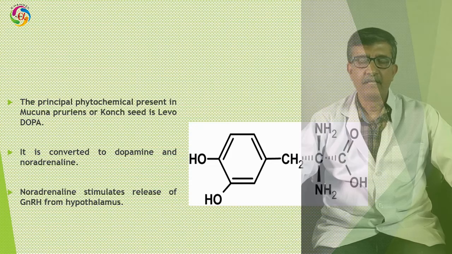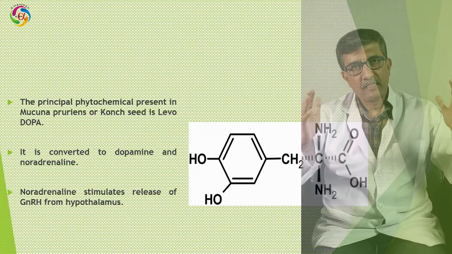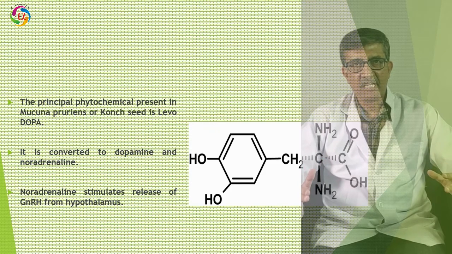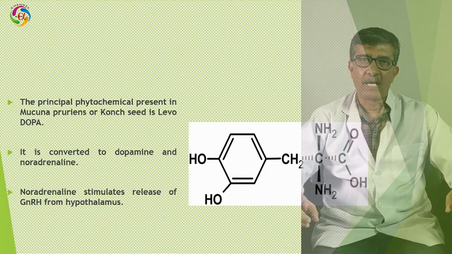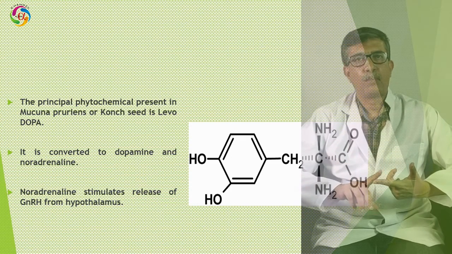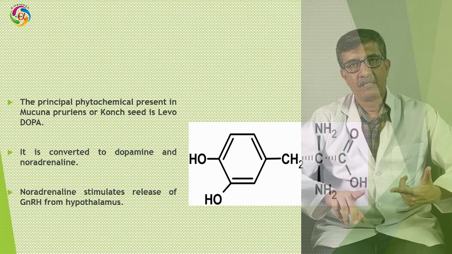paunch beach or on seed. Now, the active principle of Mucuna pruriens seed is levodopa or L-dopa. This L-dopa is converted to dopamine and noradrenaline.